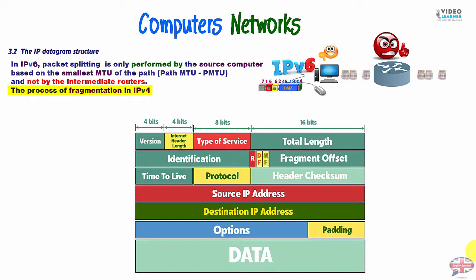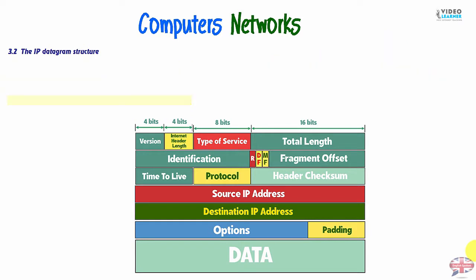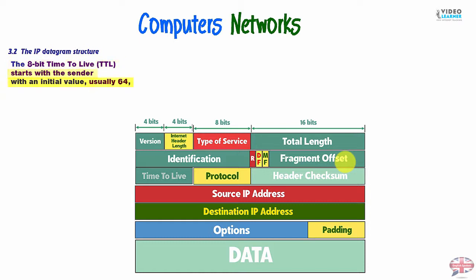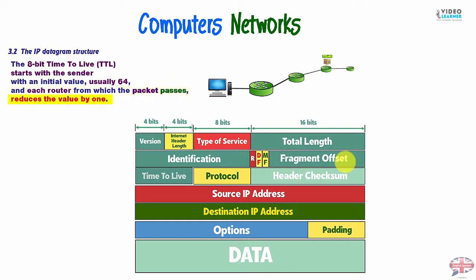The process of fragmentation in IP version 4 is described in more detail in the next example. In the next line now, the 8-bit field time to live, TTL, starts with the sender with an initial value, usually 64, and each router through which the packet passes reduces the value by 1.